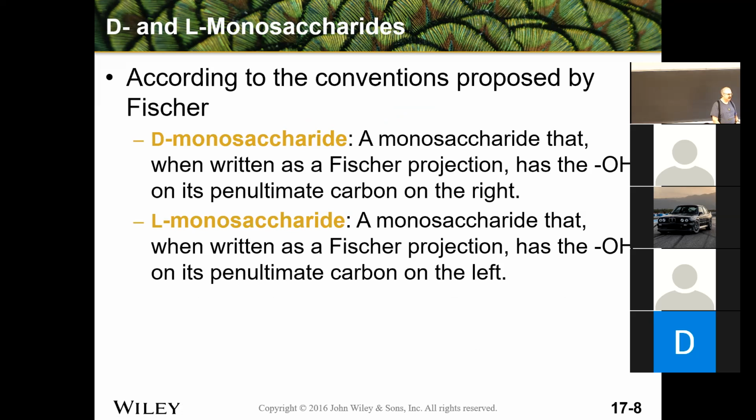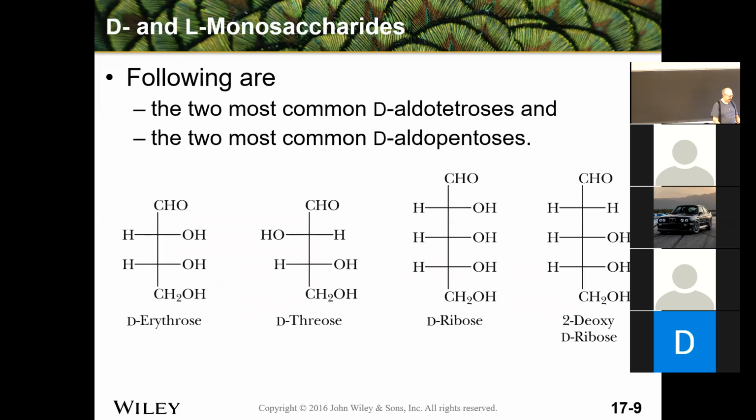According to the conventions proposed by Fischer, a D monosaccharide is a monosaccharide that, when written as a Fischer projection, has the OH of its penultimate carbon on the right. Penultimate, next to the last, the highest numbered chiral center. And L would have the OH on that carbon on the left. So the penultimate carbon is the next to the last one. That's this one right here. And these are all D sugars, since the OH is on the right.